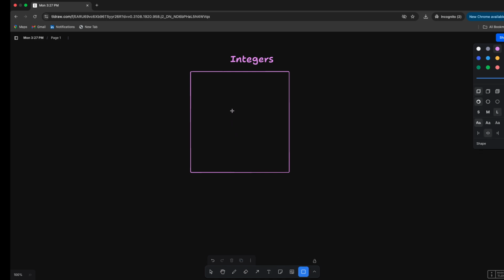A small section of it will be positive. Whatever is positive, those are basically my whole numbers. Zero is neither positive nor negative.